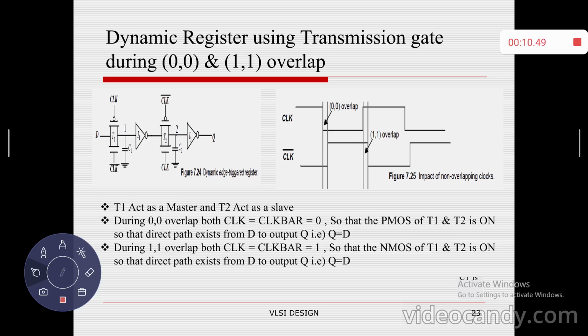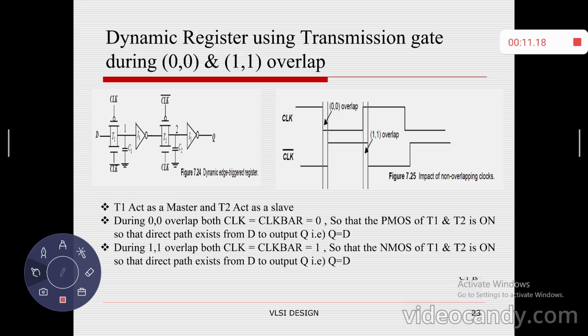So kindly look at the timing diagram. We can observe that the clock signal and clock bar are supposed to be out of phase. Since clock and clock bar are out of phase signals, for a certain time duration both control signals will be 0. Kindly look at the circuit diagram.